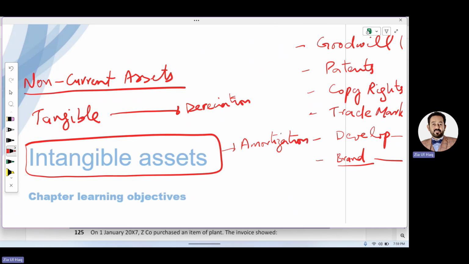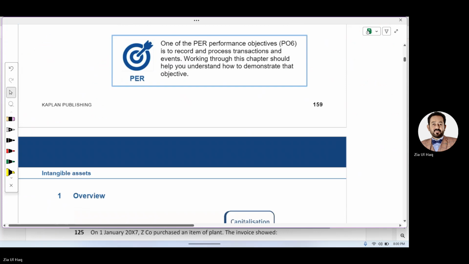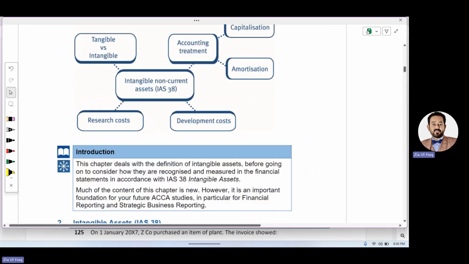Tangible non-current assets will be depreciated over their useful life, while intangibles will be amortized over useful life. How? Cost divided by useful life of the asset. We can calculate depreciation, or in a similar manner, we can calculate amortization. Let's discuss it. The development cost we are going to discuss later on.